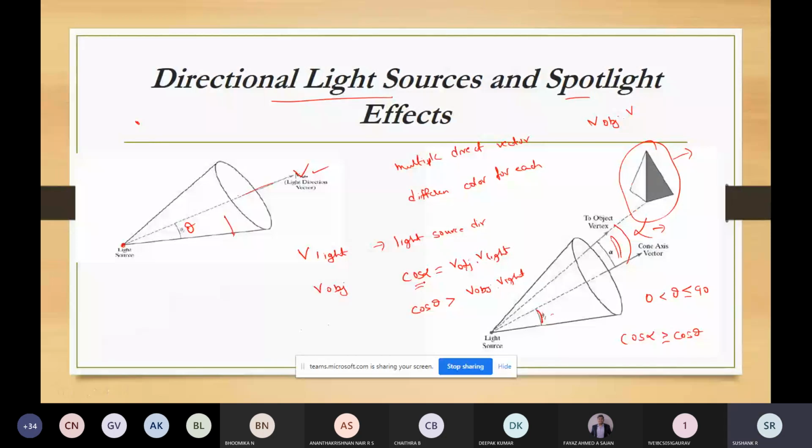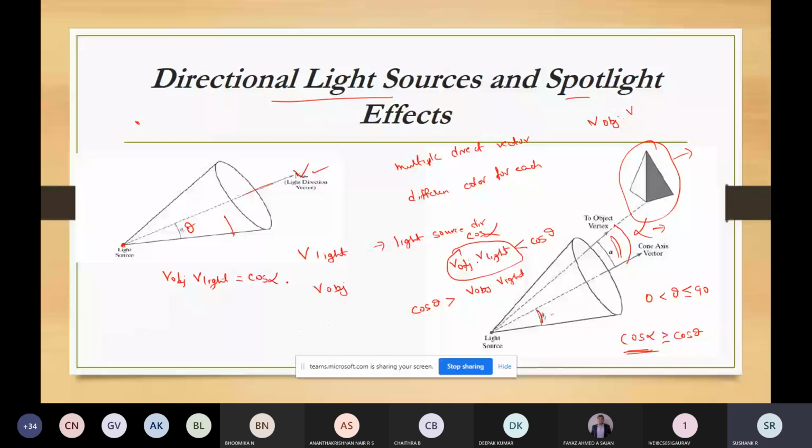So you know that this is the prime condition. If cos alpha is greater than or equal to cos theta, then only the object will be visible. If the product of v object into v light is less than cos theta, this object will not be visible, because v object into v light is nothing but cos alpha.